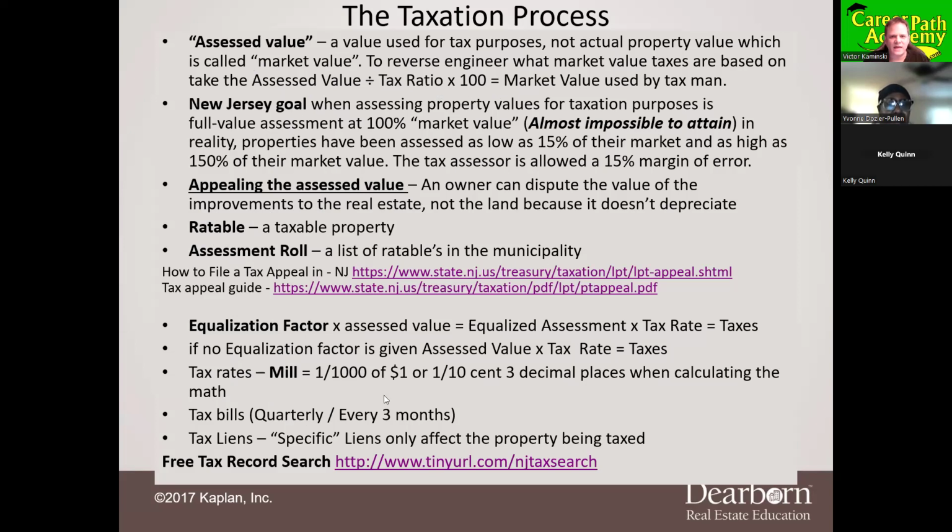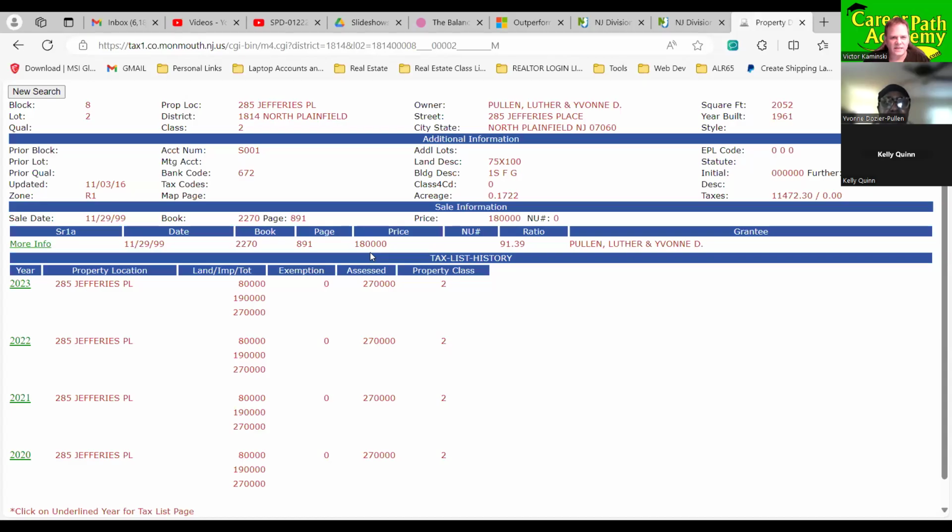Okay, so let's do that. Take the assessed value of $180,000 divided by the ratio of 91.39. Oh, I didn't hit the percent key. That's what happened there. I knew something was wrong when I saw the number. 91.39%. And then we times that by 100. That number still seems way off.